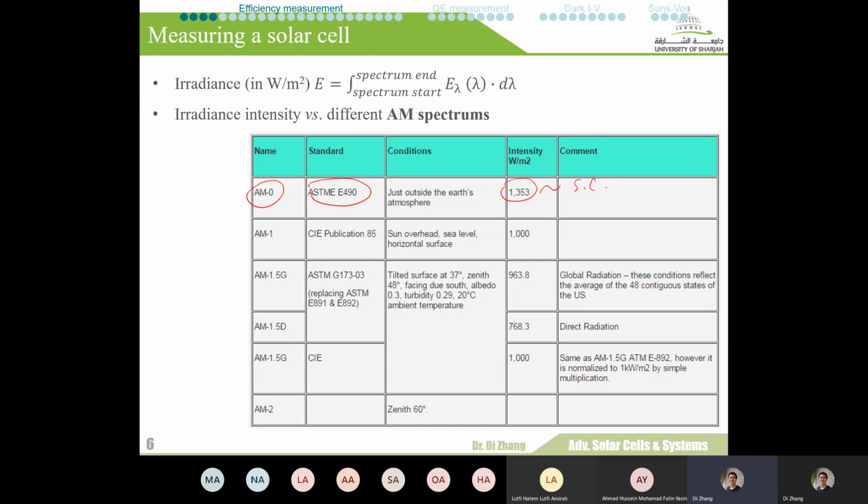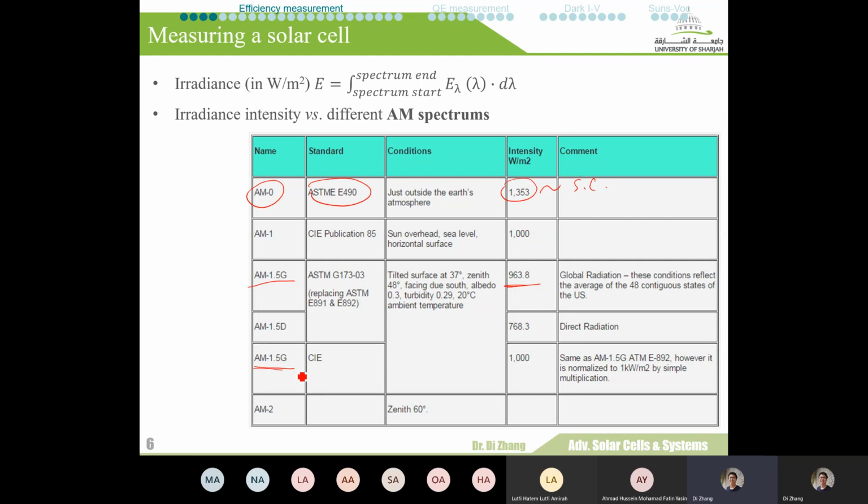And then we have other spectra here. The most obvious spectrum is definitely the AM 1.5G. You can see that in certain standards, the AM 1.5G does not integrate to 1,000 watt per square meter exactly. In this standard, it's integrated to 963.